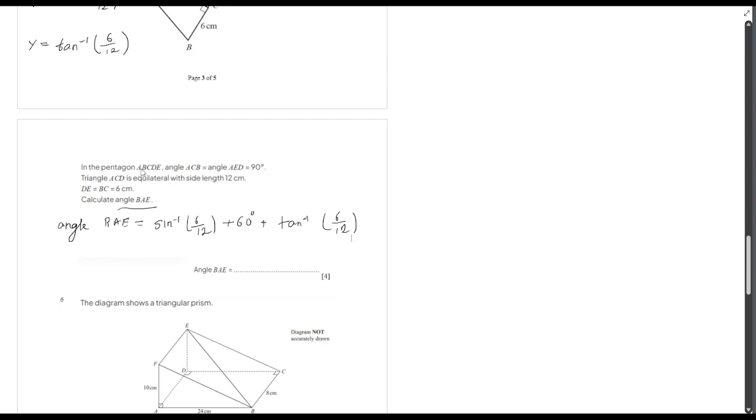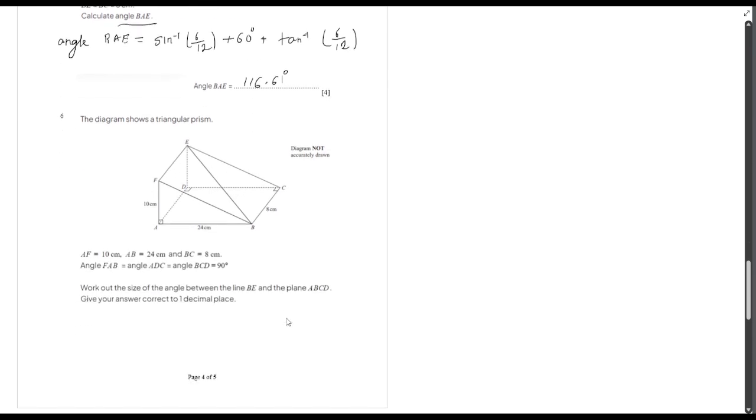Let us calculate: sine inverse 6 divided by 12, which is half, plus 60 degrees, plus tan inverse 6 divided by 12. The answer is 116.56, so I will round it to 116.6 degrees.